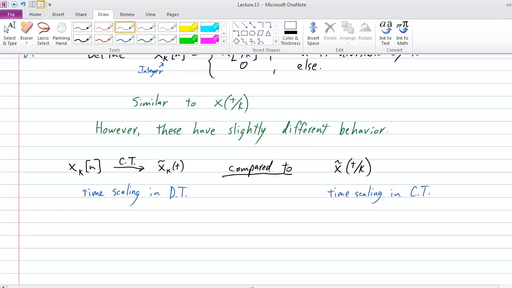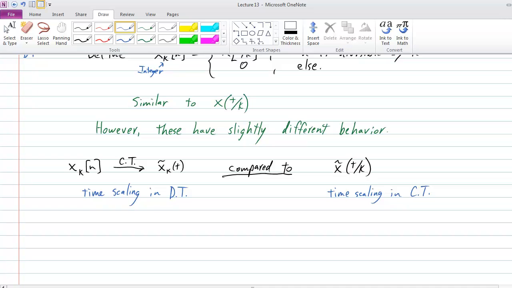By our definition of this transition from discrete time to continuous time, it's going to be a sum for n equals negative infinity to infinity of x k of n times delta of t minus n, which is going to equal.